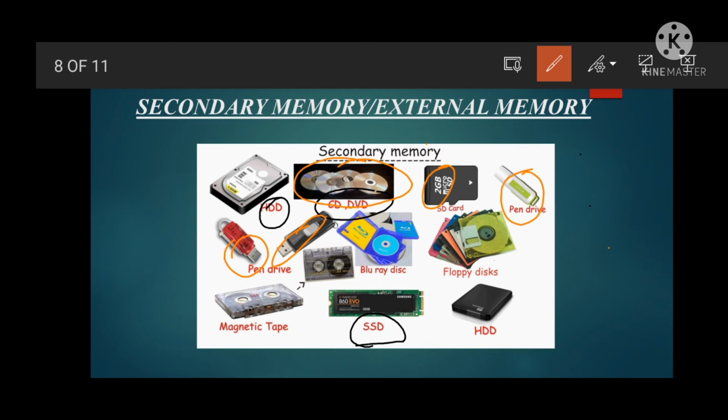And then what else do we have? We have Blu-ray disc. What is this Blu-ray disc? You can see the image of it over here. Often we call it Blu-ray. It's a digital optical disc storage format.